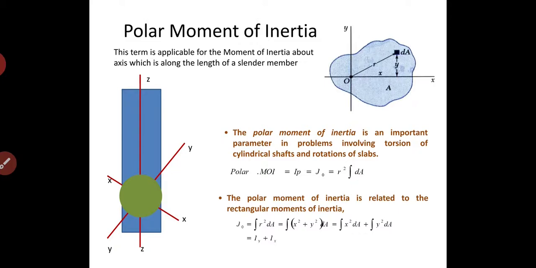It has a very small cross section. If the electric pole is made of RCC, at the base it is around 1 feet in width and 6 inch in thickness.